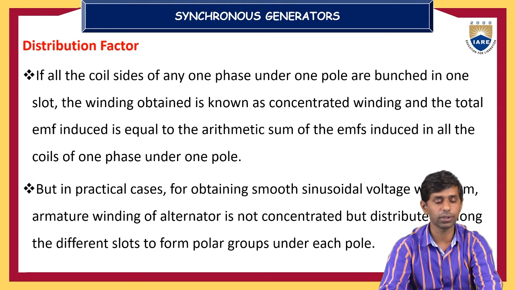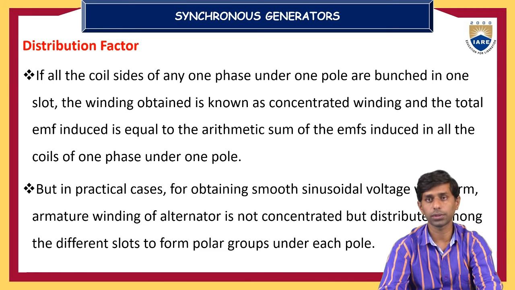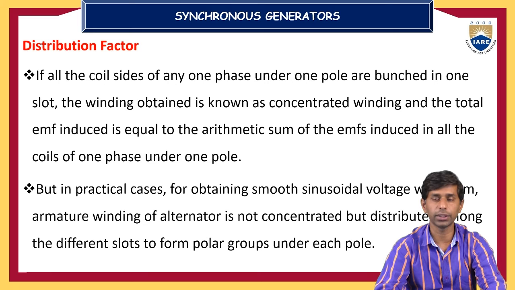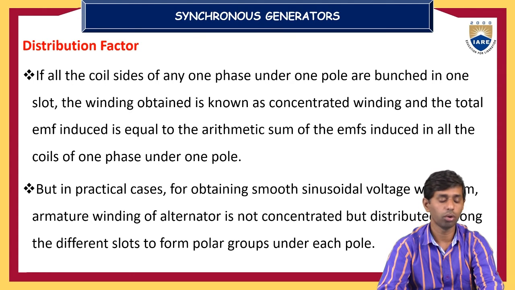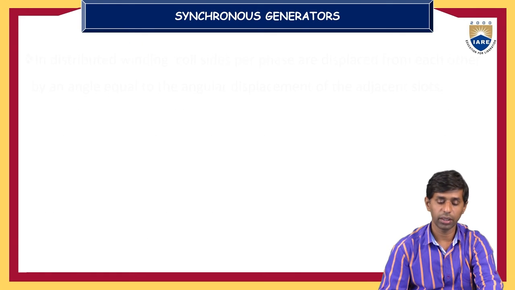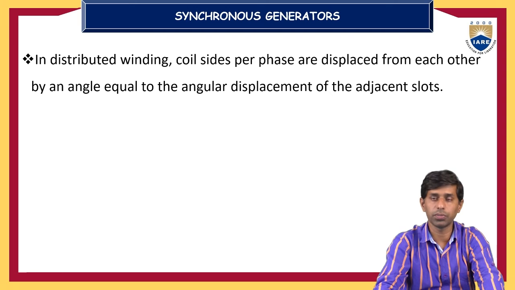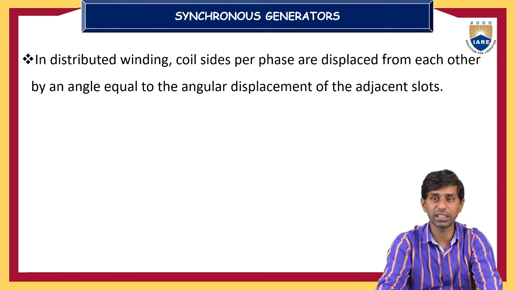Whereas in the case of the distributed winding, the number of slots is not related to the number of poles. The armature winding is distributed over the armature slots. The entire winding will be distributed uniformly over the stator, that is over the armature slots. In such a case, the induced EMF may get affected in the distributed winding because the flux density is different. When we go away from the center of the pole, the flux density decreases.